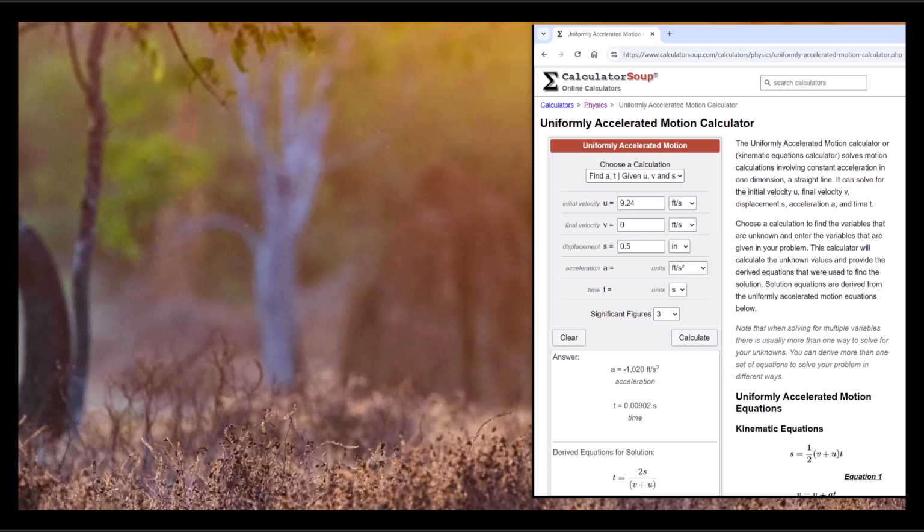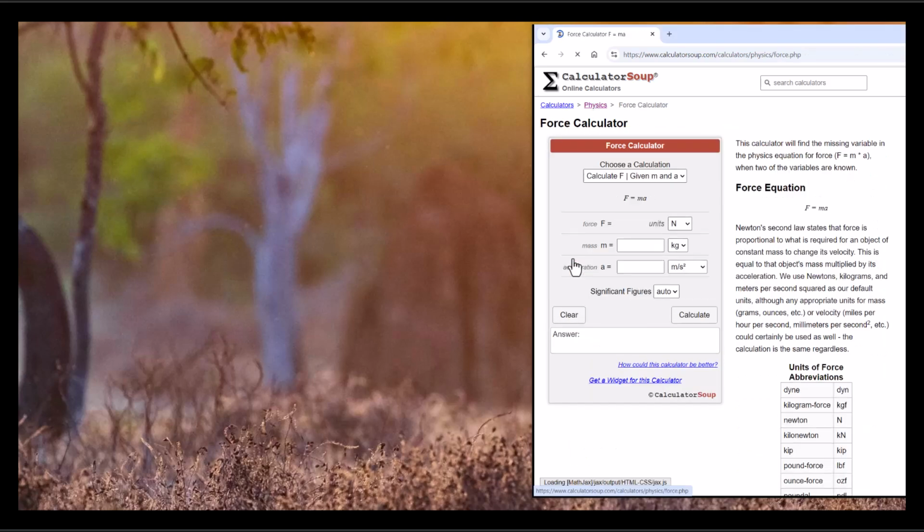And we have one final calculation, and that is, if we want to put an acceleration of 1,020 feet per second squared onto an object, we need to know what is the force needed to do that, and that one comes from the F equals ma system.